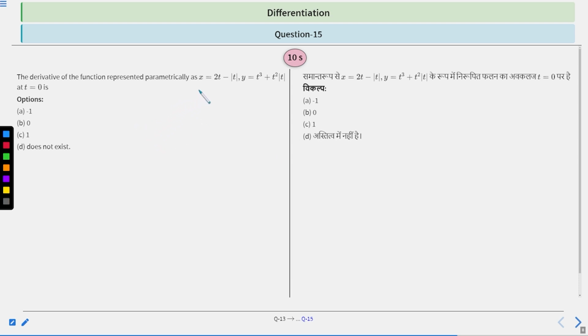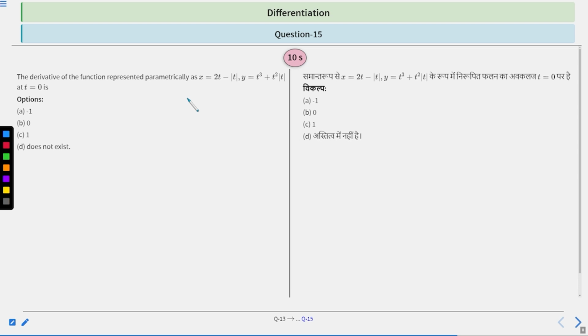You can see that values of x and values of y are given in terms of t, so we can find dx by dt and dy by dt, and find dy by dx by dividing dy by dt and dx by dt.